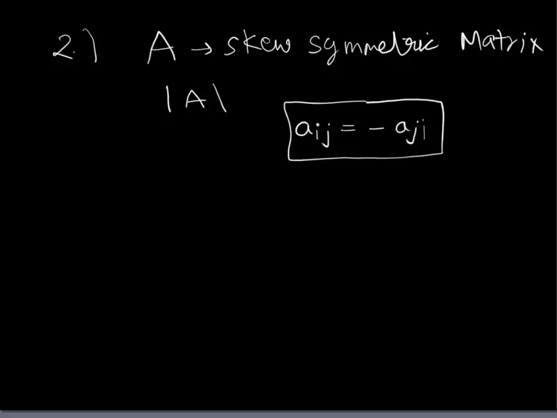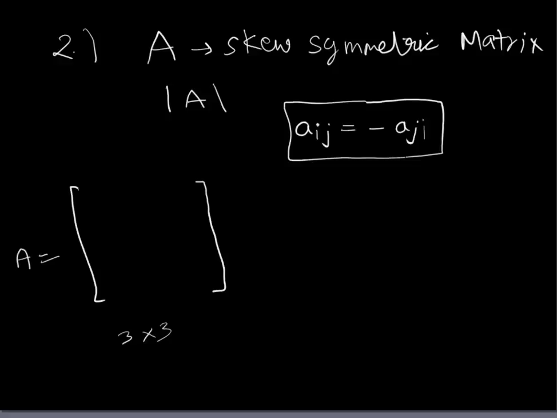So now let us say that this is our 3 cross 3 matrix. So this is a square matrix, 3 cross 3, and we need to determine the determinant of this matrix, which I am calling A.